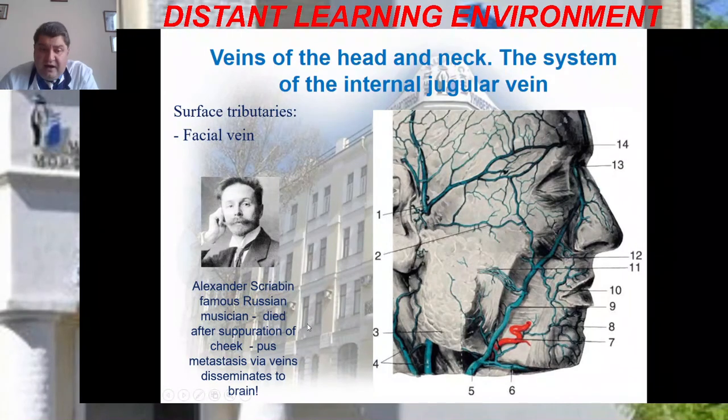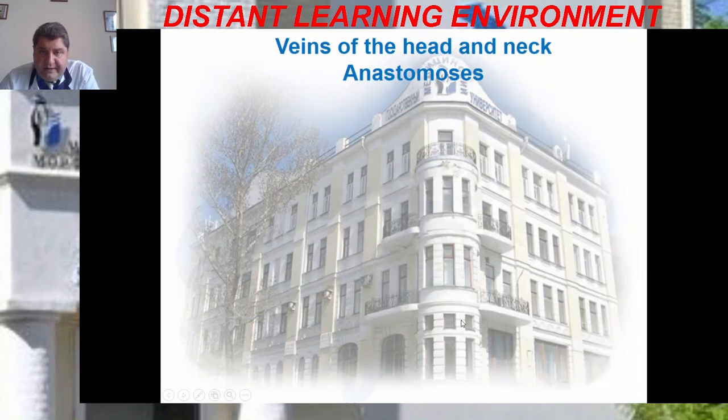He died after suppuration of this region of the cheek, because there was suppuration in his face, and the pus metastasis passed through the venous anastomosis to the brain, and he died after this complication of the metastasis.